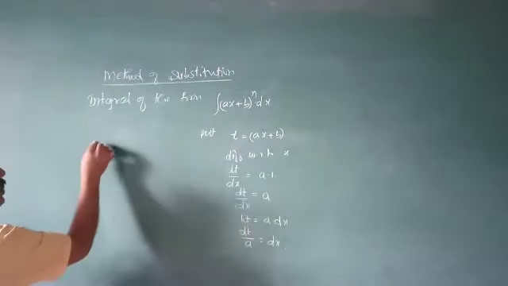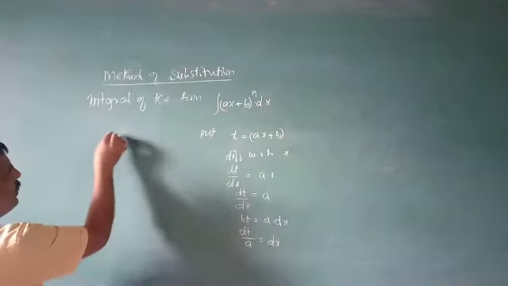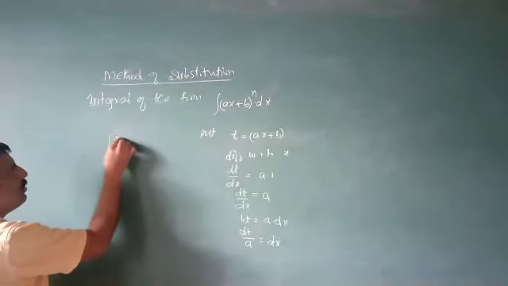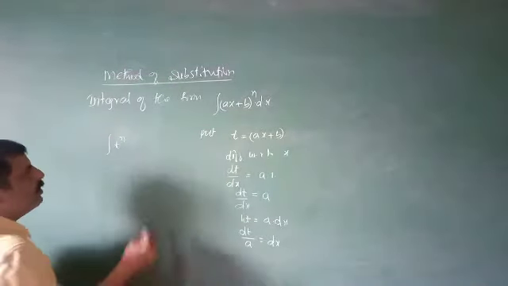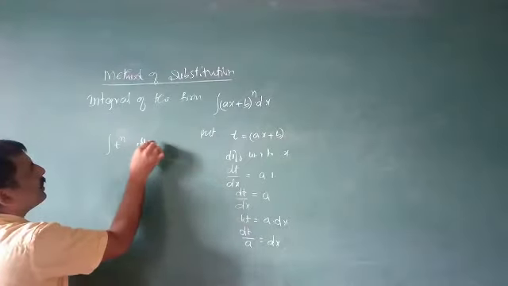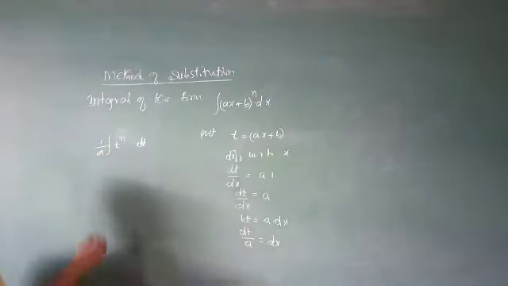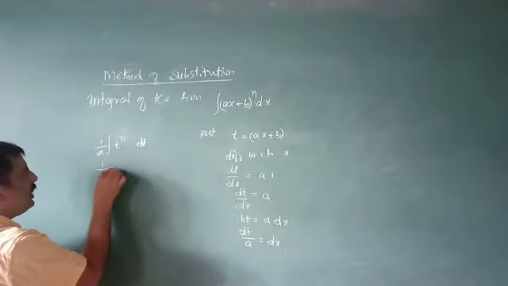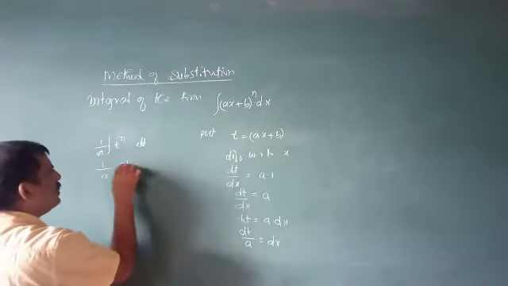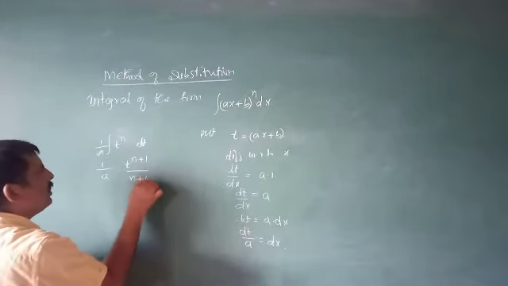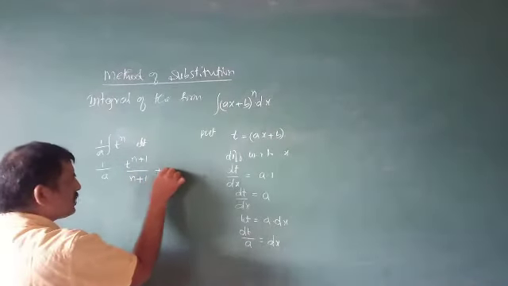Therefore, the integral of ax plus b to the power of n is equal to t to the power of n into dt divided by a, which is 1 by a into t to the power of n plus 1 divided by n plus 1 plus c.